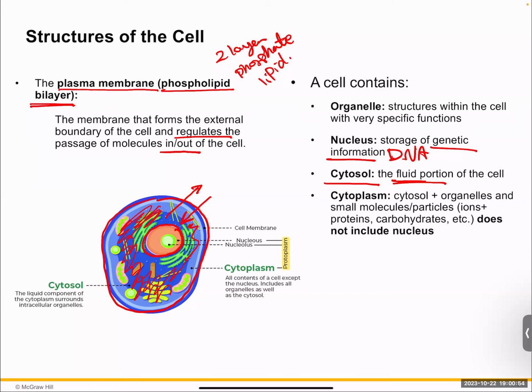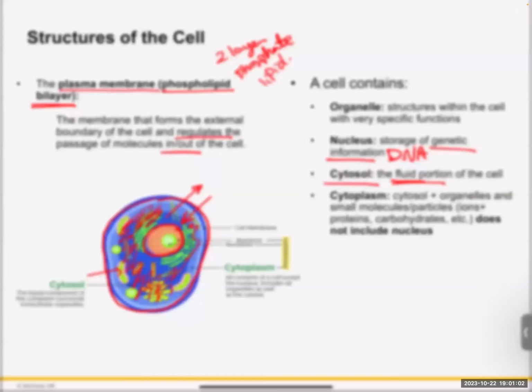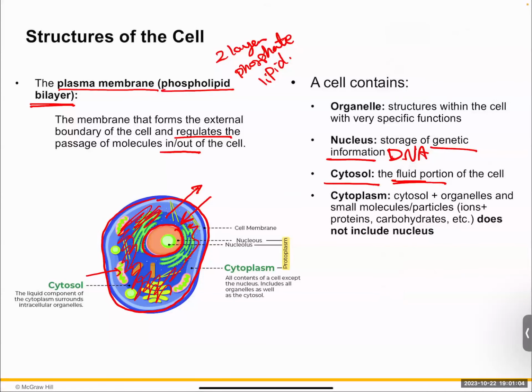And then all of these little structures that you see, these green structures around here, all of these are going to be what we call organelles. So organelles are basically going to be little organs that are responsible for basically doing everything within your cell.